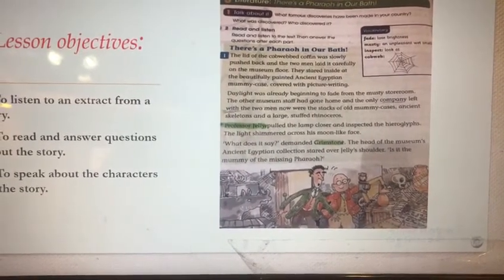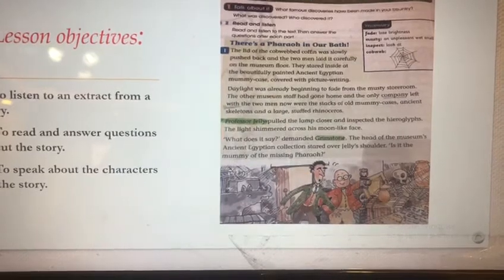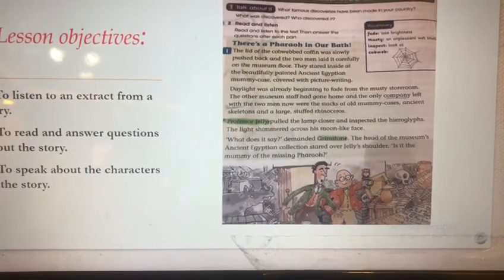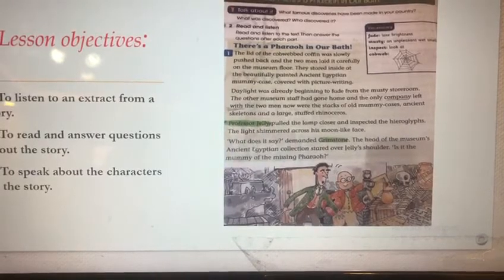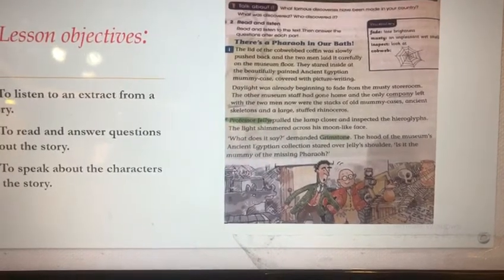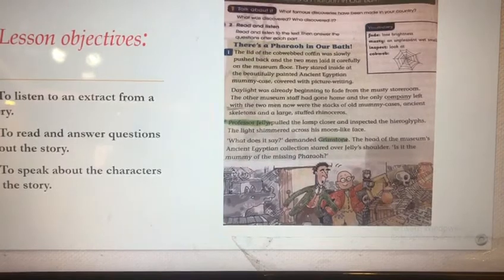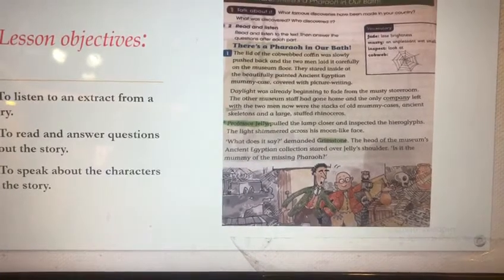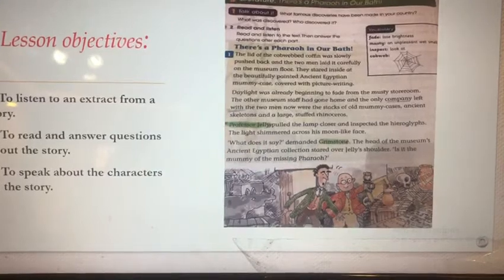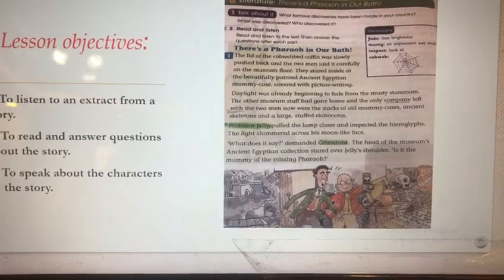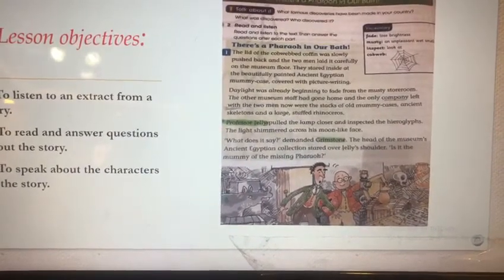The light was already beginning to fade from the musty storeroom. The other museum staff had gone home, and the only company left with the two men now were the stacks of old mummy cases, ancient skeletons, and a large stuffed rhinoceros. Professor Jelly pulled the lamp closer and inspected the hieroglyphs.